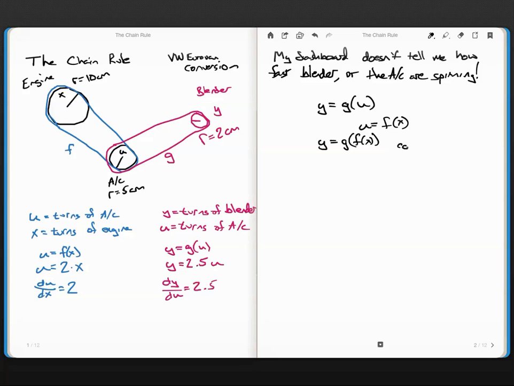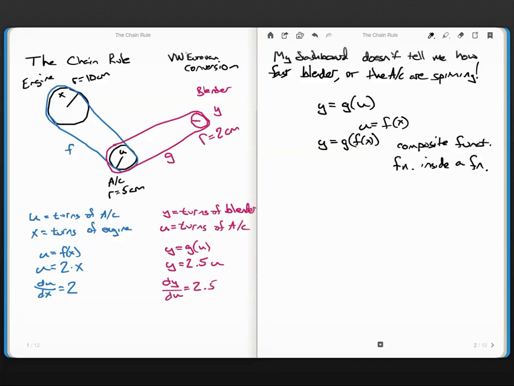So this is a composite function, or a function inside another function. So there's a function inside of a function. f is the inner function, g is the outer function.